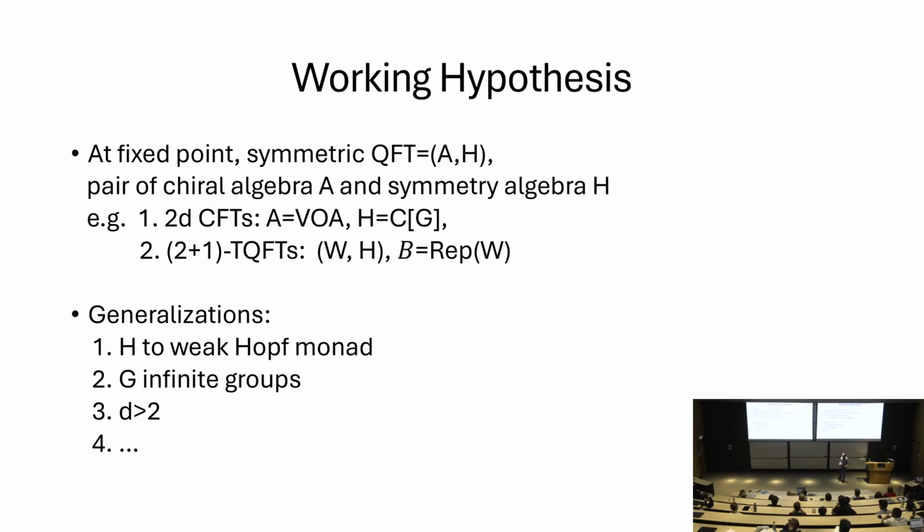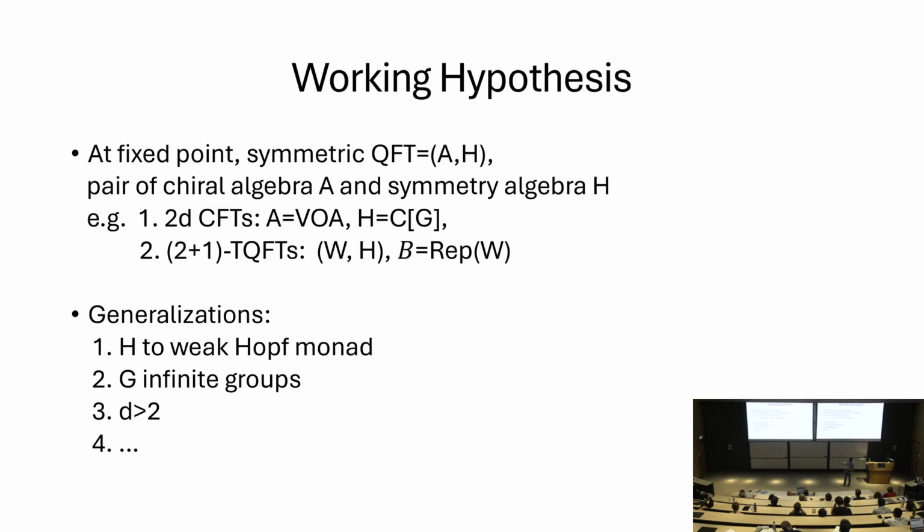So I want to think a little bit about general quantum field theory. So this is not any mathematical definition or anything. I don't think there's a good mathematical definition of quantum field theory that both physicists and mathematicians like. But there are definitions. What I would like to think is that a quantum field theory with symmetry is a pair of algebras.